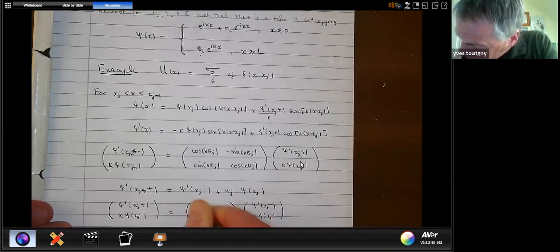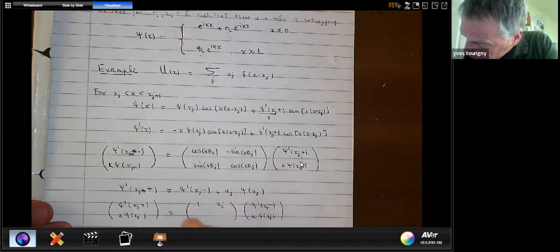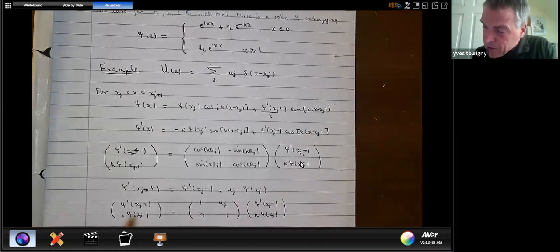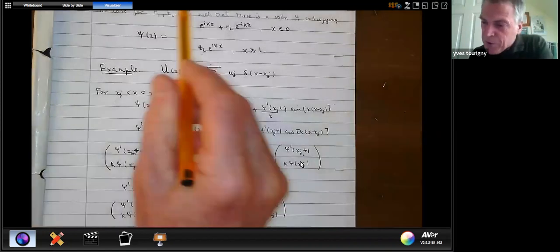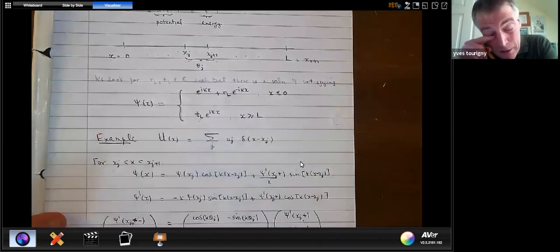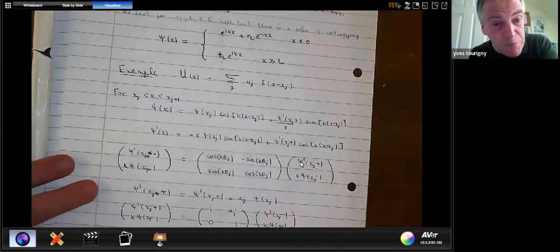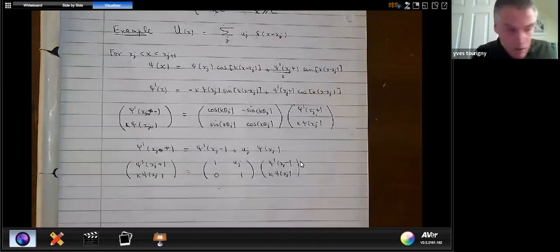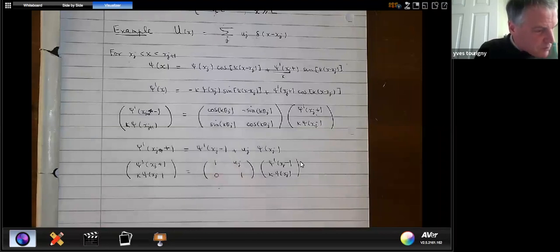It would be 1 here, uj here, and so on. So if I combine these two, you see that as I go across the impurities, it's equivalent to multiplying the vector psi prime, psi by a certain matrix. All right, so that's the connection between the physical problem and products of matrices.